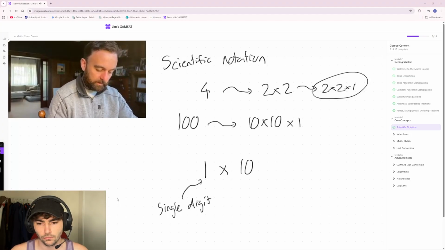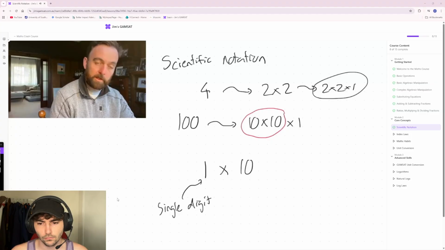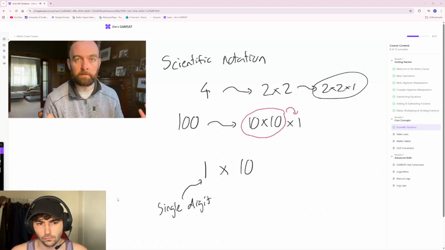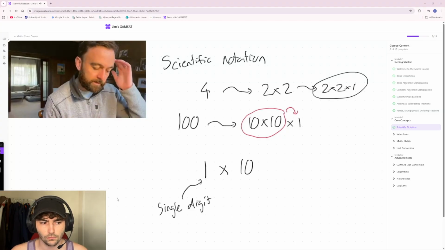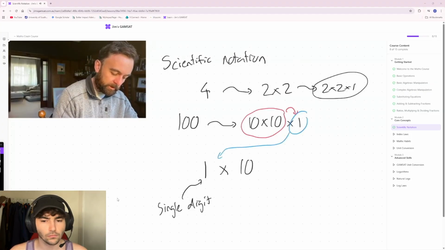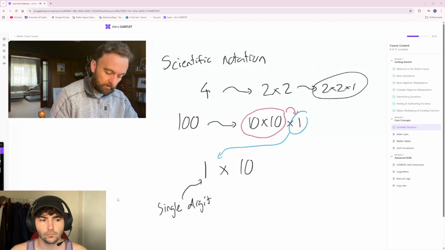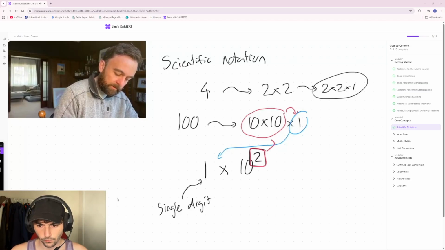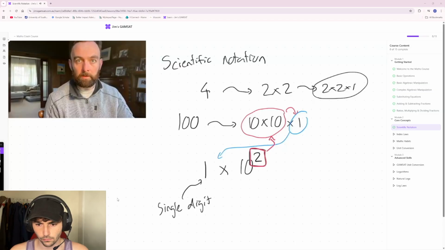If you follow along, we have two groups of 10 here, right? Because 10 times 10 is 100, and anything times 1 is just itself, so this is still just 100. But we've done this to give us that single digit. Then we put a 2 up here on the tens to represent how many groups of 10 we have in our number.